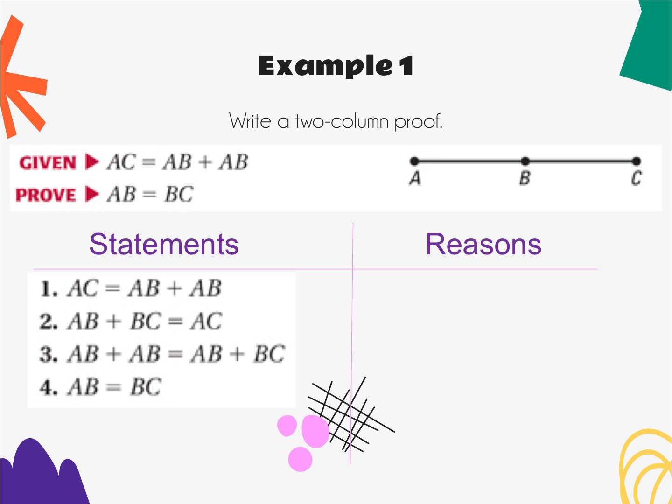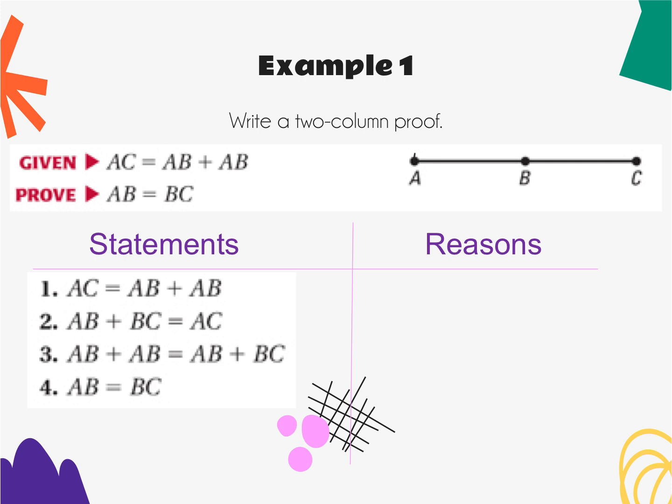So, looking at this one, what do we know? What are they giving us? I'm going to do it in different colors so you could see the format of what is going where. So looking at it, AC equals AB plus BC.